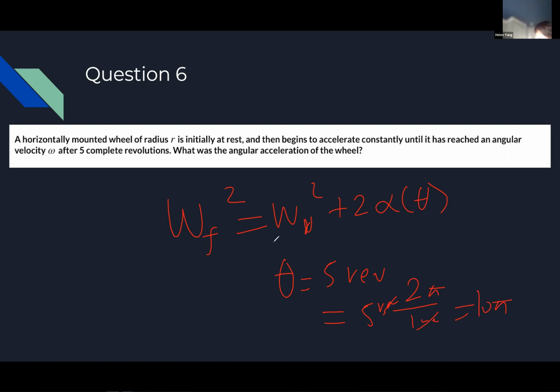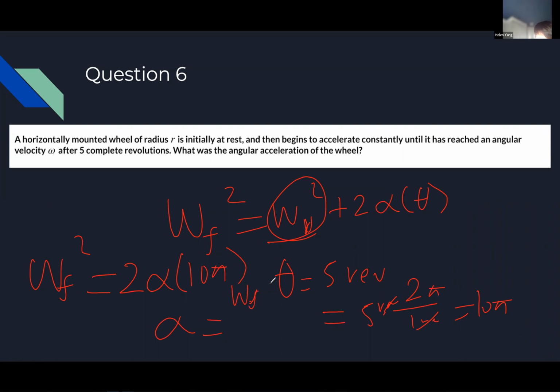Since the initial velocity is going to be 0, omega final squared equals 2 times acceleration times 10 pi. So I guess acceleration is going to be the final velocity squared divided by 20 pi.